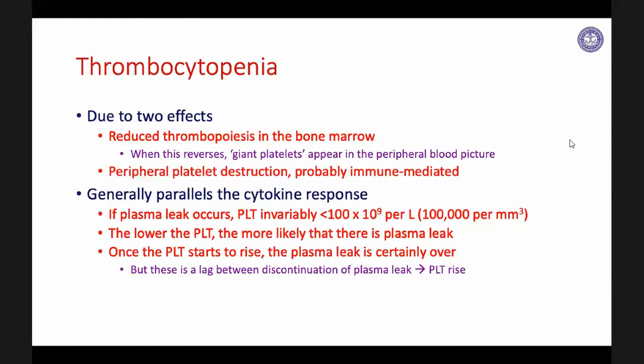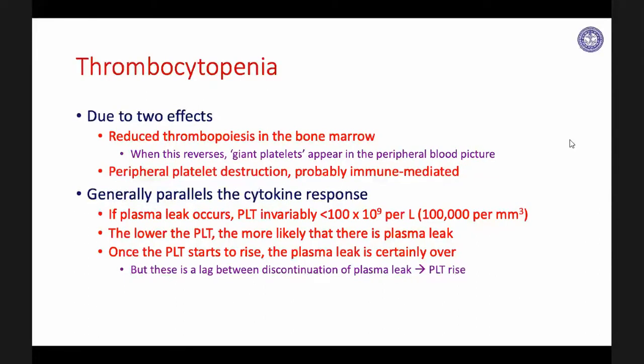Now, the important point is the thrombocytopenia generally parallels the cytokine response. Basically, as the cytokine response happens, the platelet count also drops. The reason is both of them are immune responses to the viremia. On the one hand, it reduces platelet formation and increases platelet destruction.